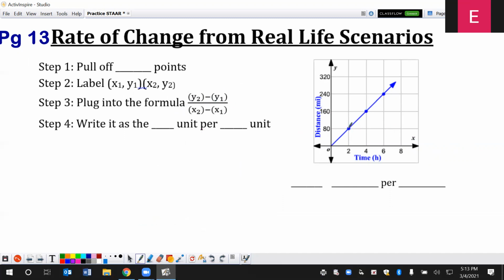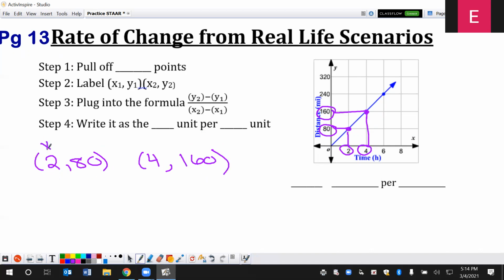So you would still pick 2 points and then you would just find the coordinates. 2 and 80 is one of them, 2 comma 80. And then the other one is right here on the 4. I went up to 160, 4 comma 160. And so then you can do the x1, y1 and the x2, y2 to find your slope.